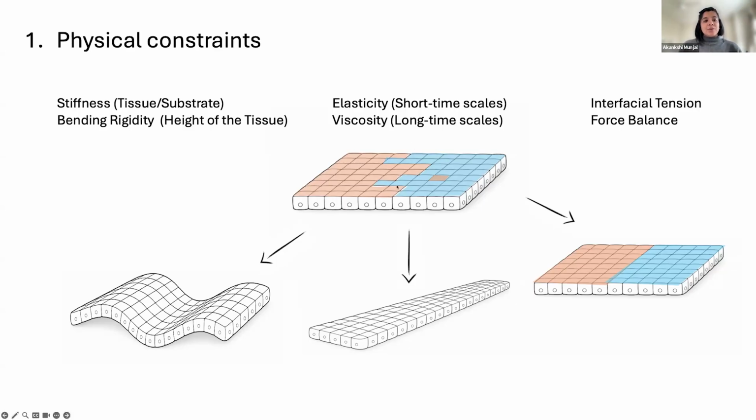So cells would rearrange, for example, if you have a very mixed group of cells with very different adhesive properties, they can rearrange or sort until the tensions at their interfaces balance and the entire interfacial energy is minimized. So one can think that in these developmental processes, these physical constraints are really important to define which shapes are even possible.